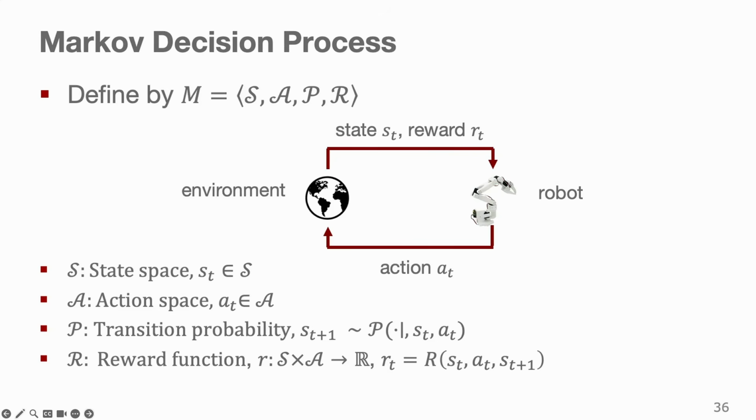All right. So now the Markov decision process. This is the formal framework that summarizes everything we'll be talking about, from motor torques to high-level goals, and is defined by this tuple with the state space, action space, the transition probability, and a reward function.